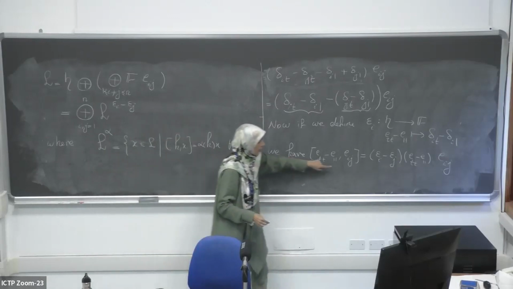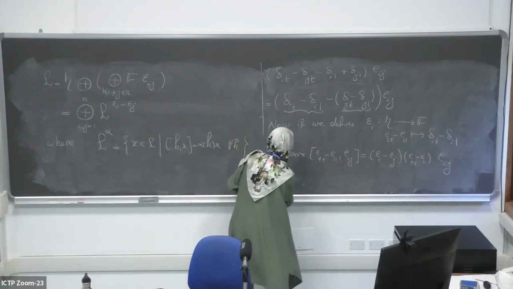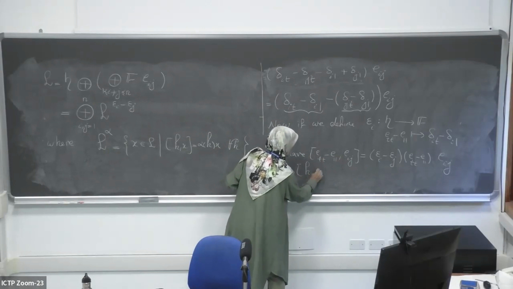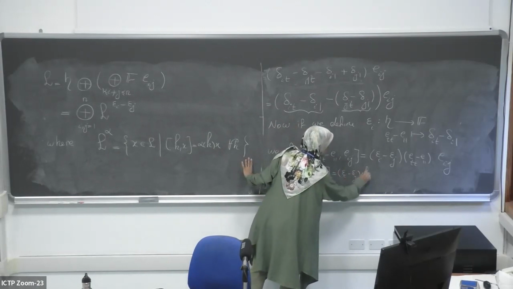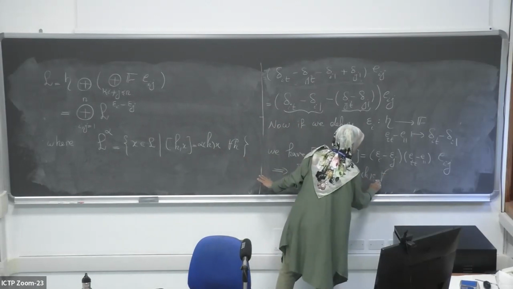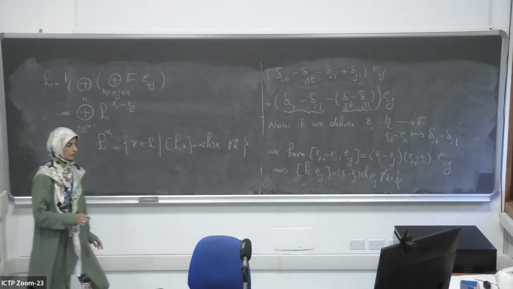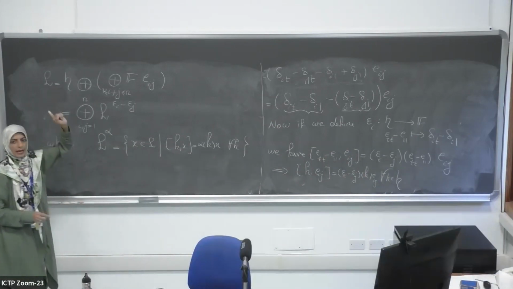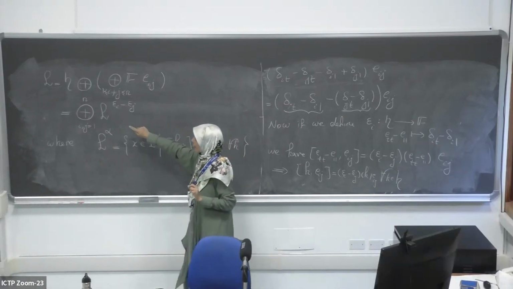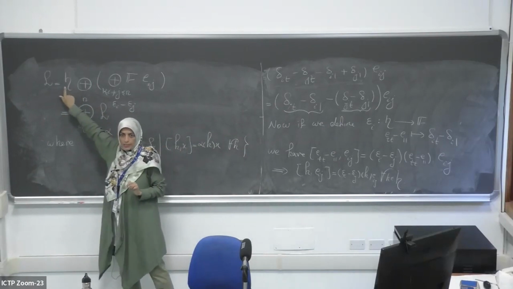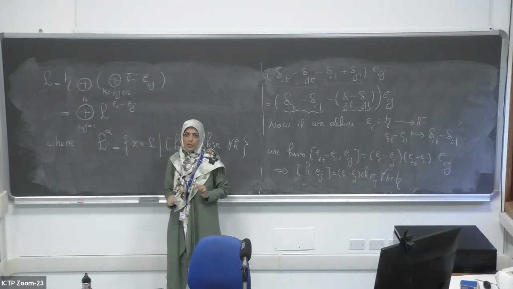Because when I have this for the typical elements of the basis, it implies that [h, E_ij] is (epsilon_i minus epsilon_j)(h) E_ij for all h belonging to H, right? So again, we have L. L is an L-module. I consider L as an H-module because H is a subalgebra. And using this H-module, we have this decomposition.